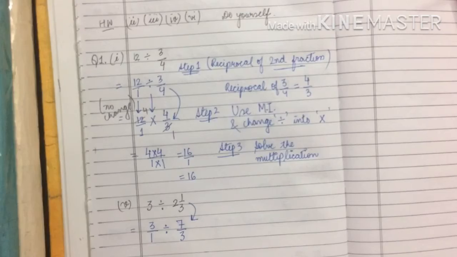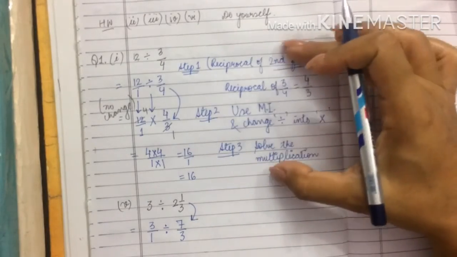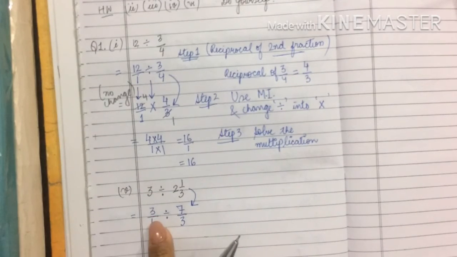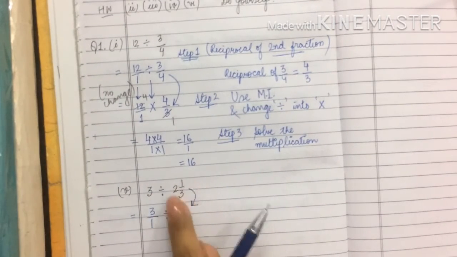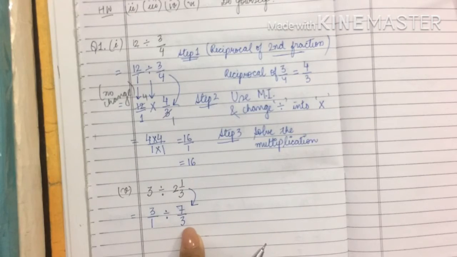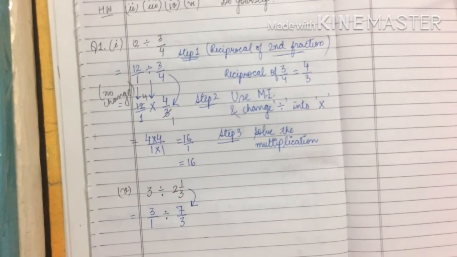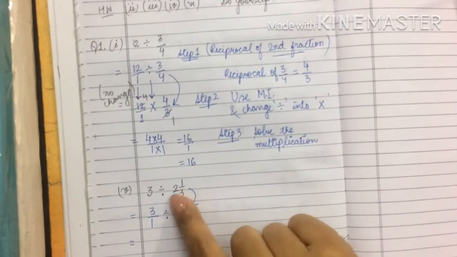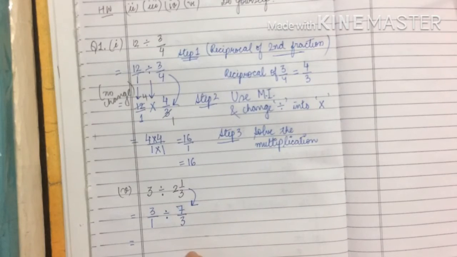I have not started with division yet. I have not started with these 3 steps yet. I have only simplified my given fractions: 3 written as 3 by 1, and 2 and 1 by 3, a mixed number, written as an improper fraction. Now I start doing my work. The first step is to obtain the reciprocal of the second fraction. I need the reciprocal of this, and I'll be using it in the next step.